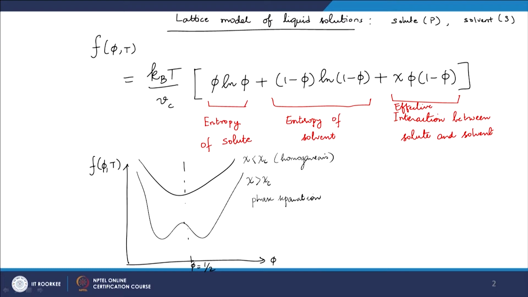So, the larger value of chi refers to poor solvent conditions. Larger value of chi means poorer solvent, lower values, particularly negative values, would mean a good solvent that will tend to form a homogeneous solution of solute and solvent.